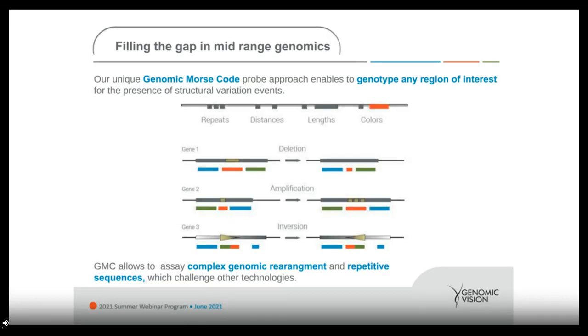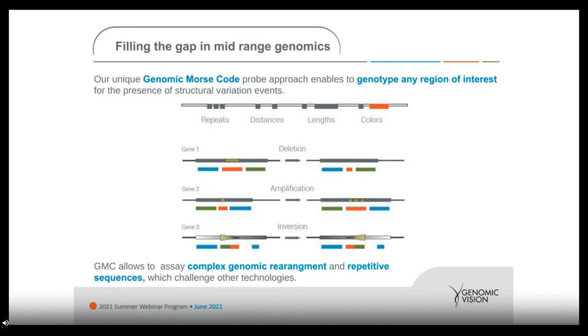Before starting, I would like to give you an overview of our genomic Morse codes. The genomic Morse code is a molecular marker to hybridize, probe, and visualize specific sequences of the DNA.